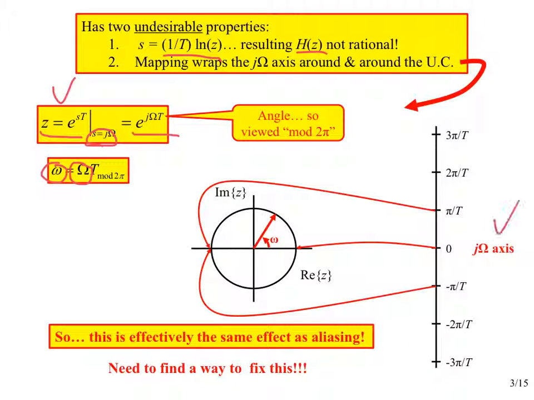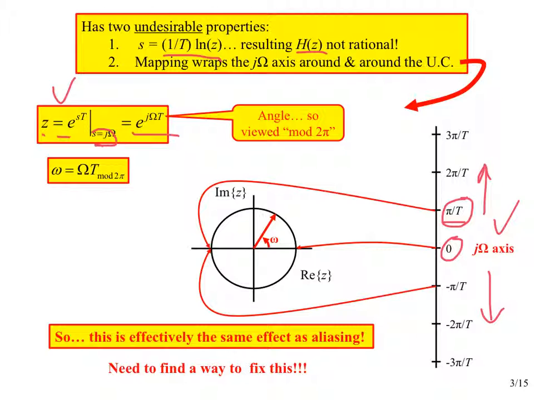To look at this graphically, if we come over here to this picture, we see that we've got our j omega axis here, and we've got 0 here in the middle, and we've got positive values up and negative values down. I've labeled the values here for some corresponding capital T. If this point here is pi over t, and I take omega equal to pi over t and multiply it by t, I'm going to get pi, and so that just maps to pi.